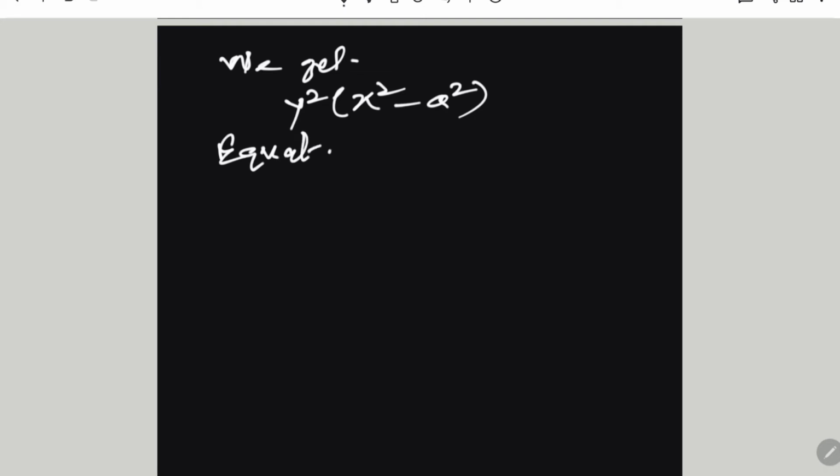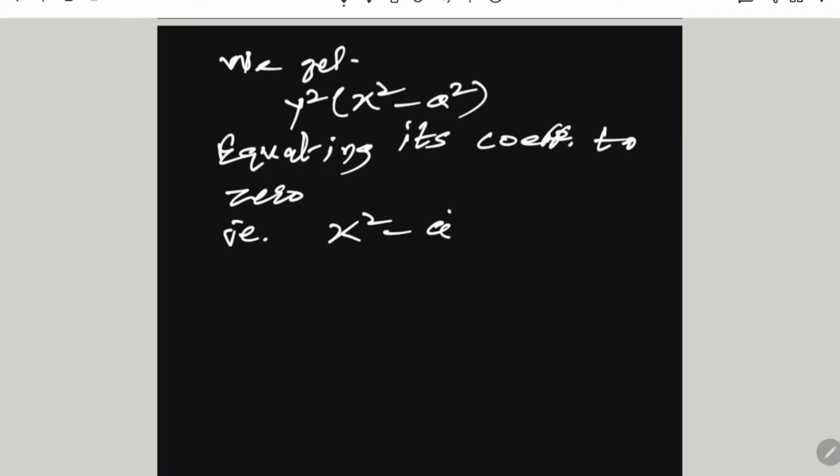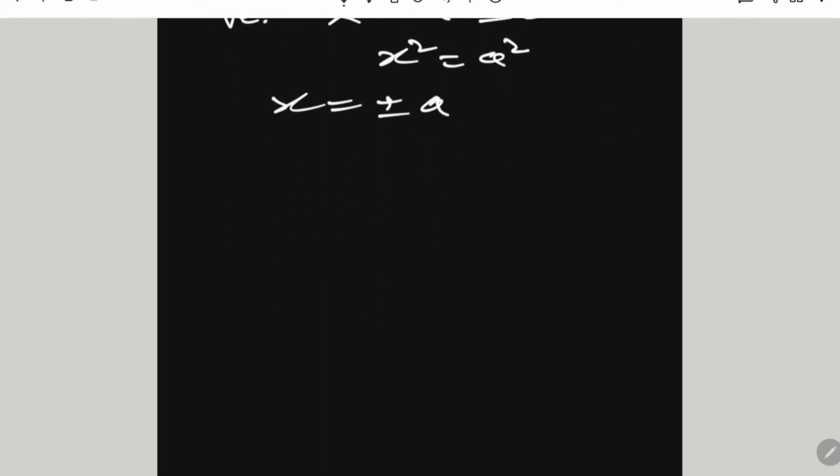Then equating its coefficient to 0, we get x square minus a square is equal to 0. x square is equal to a square, means x is equal to plus minus a. These are the two lines as asymptote, means becomes a tangent at the infinity to the curve.